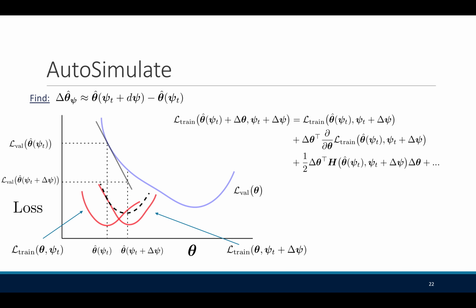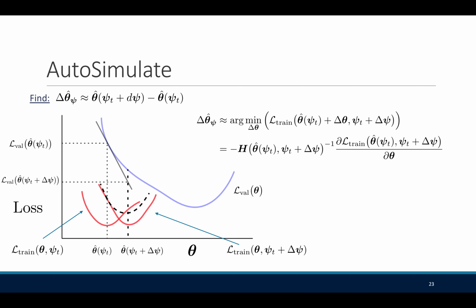Next, we take a quadratic Taylor expansion of L train of psi t plus delta psi around current theta hat of psi t, which is shown in the black curve. We use the minimum of the quadratic approximation to approximate delta theta. This minimum is shown by the thick black dotted line.